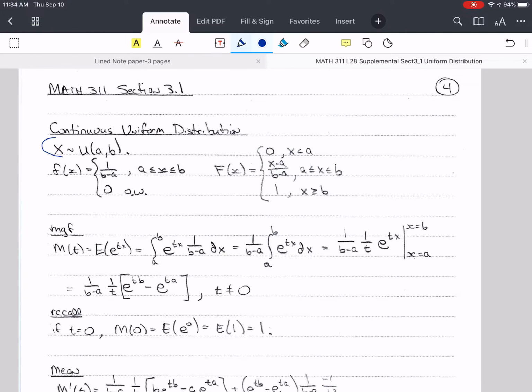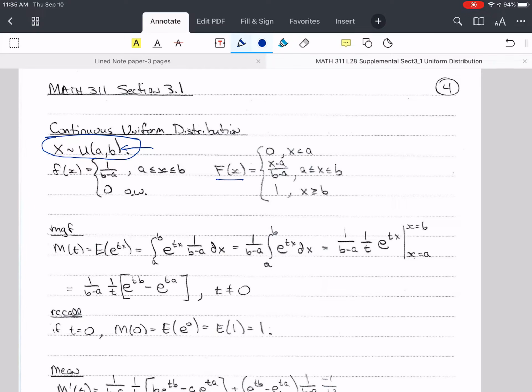As far as notation, it's important to note that this is how we note it. And you'll notice that these are open intervals, not closed intervals, for the reason mentioned last time, and that is that the derivative of this does not exist at x equals a or x equals b. Okay, so these are good forms to have on your formula sheet.